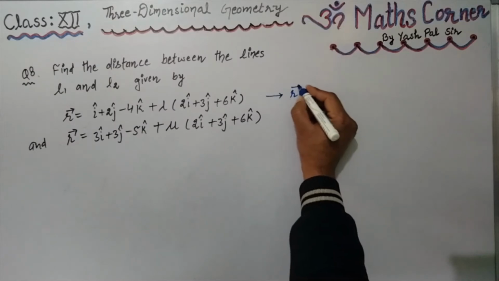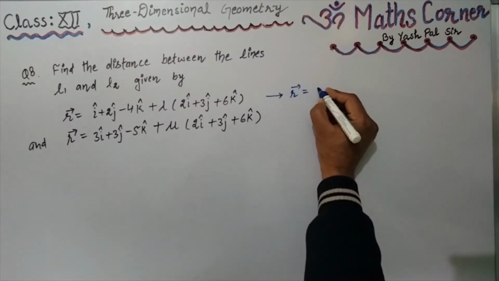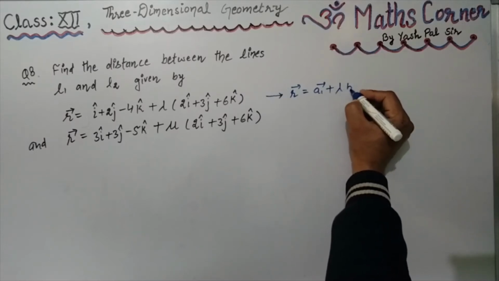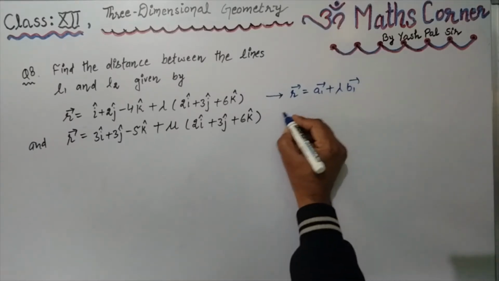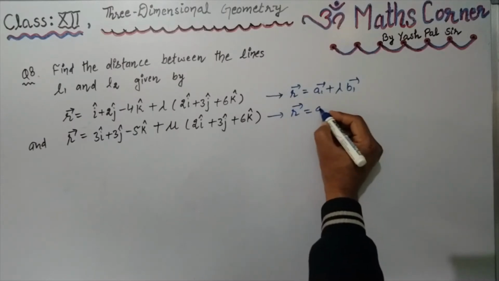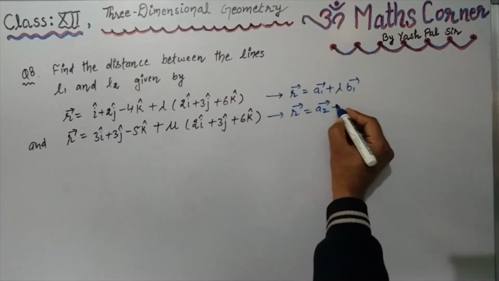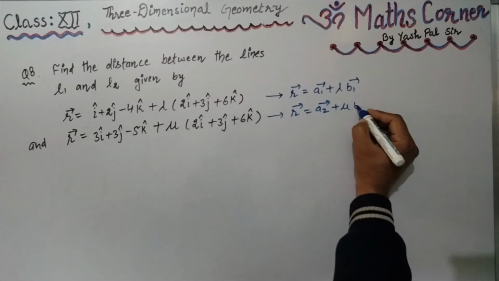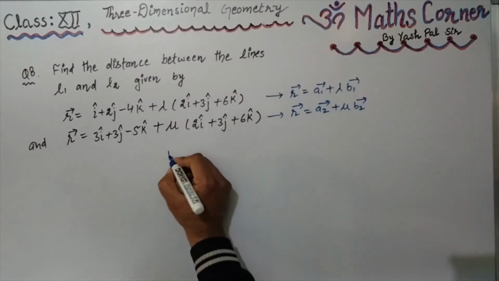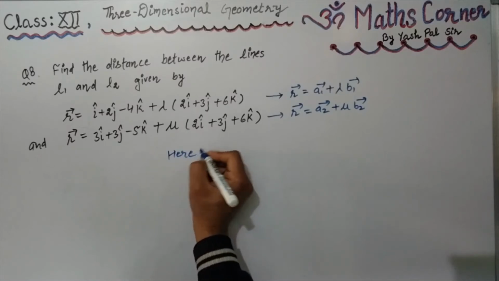So the first line L1 is r equals a1 vector plus lambda b1, and similarly the second line is r equals a2 vector plus mu b2.